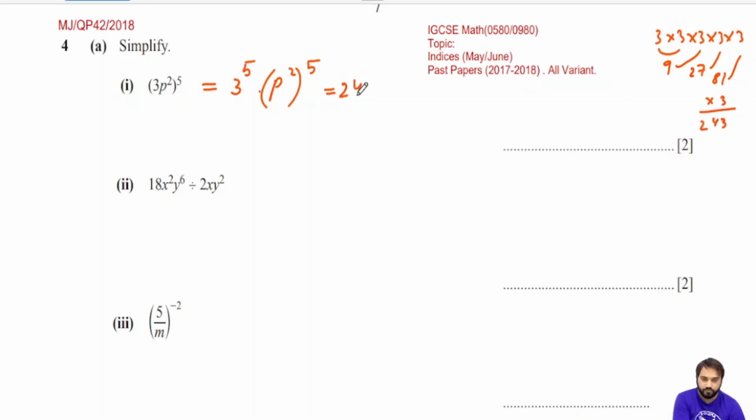So we have 243, and power of power, we multiply p raised to power 2 into 5, that is 10. Answer to this one is 243 p raised to power 10.